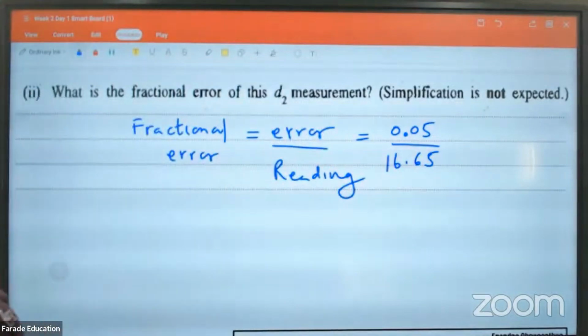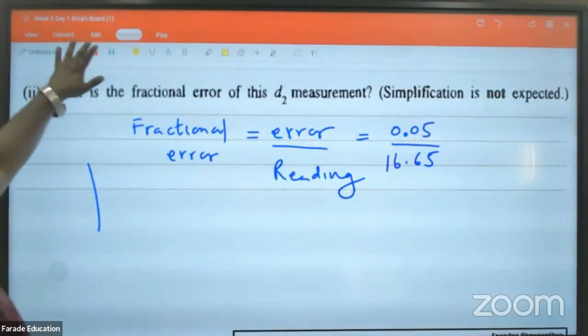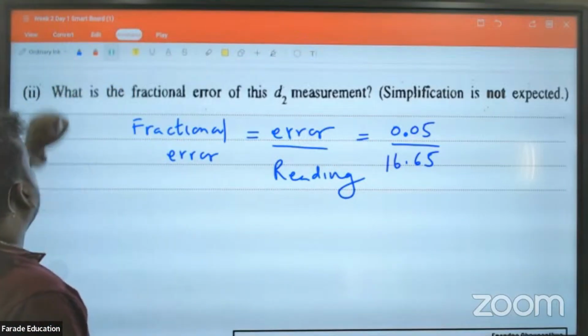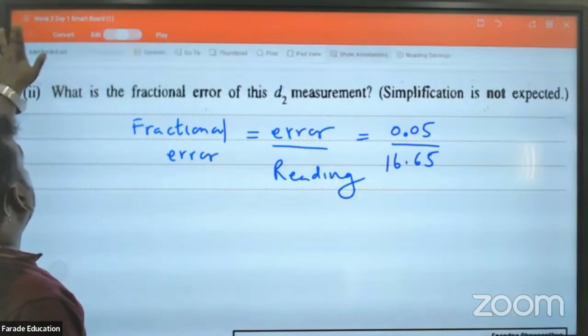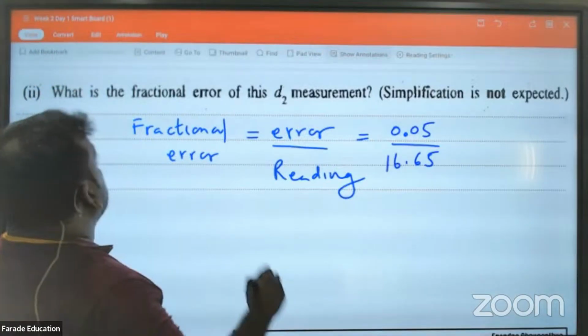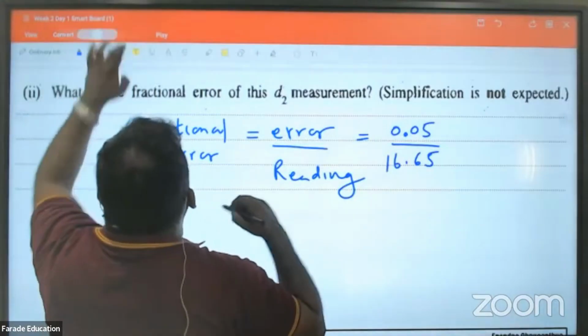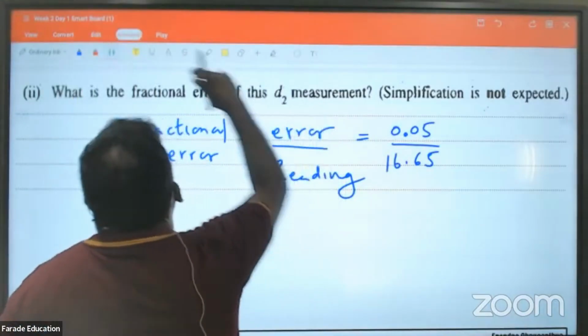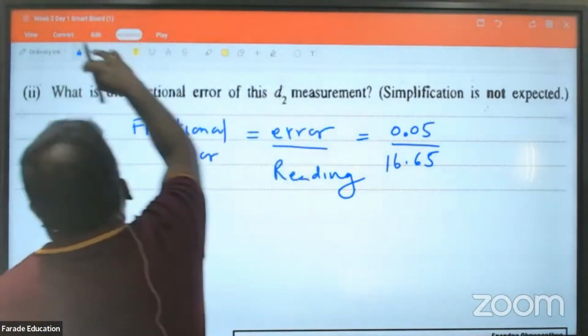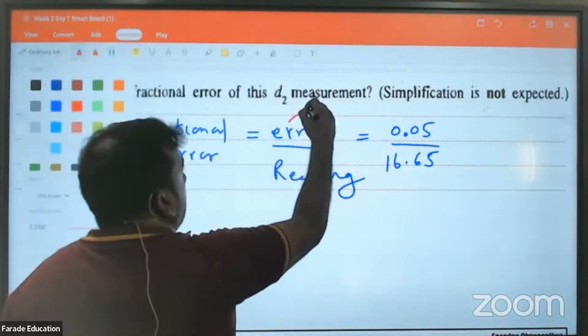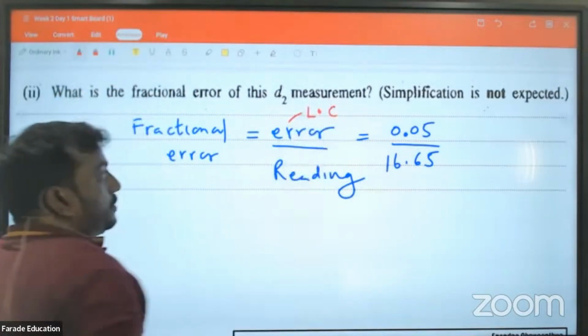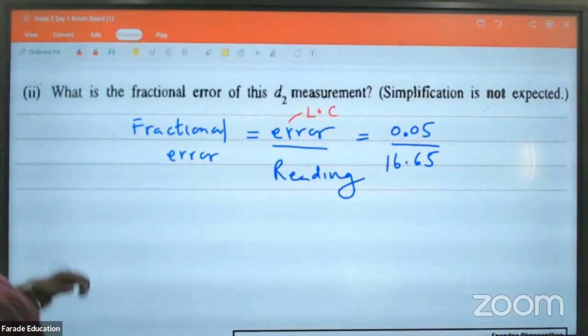You can keep your answer like that, no need for simplification. So remember this: error here is actually the least count. Don't forget.